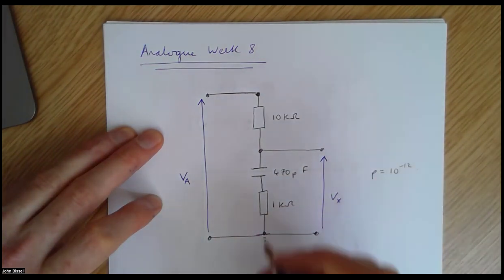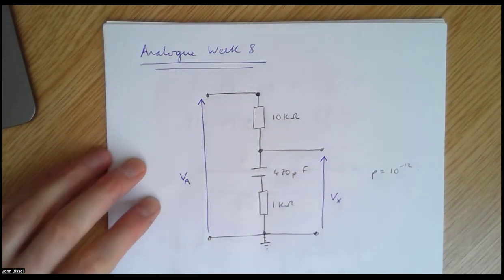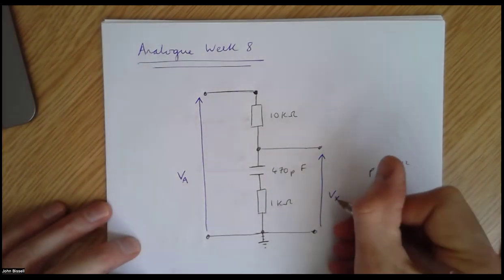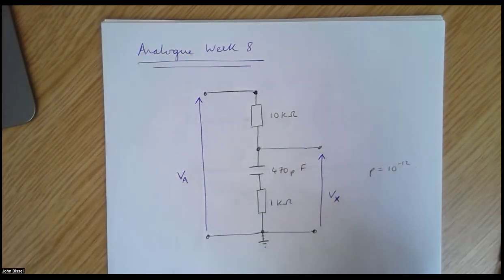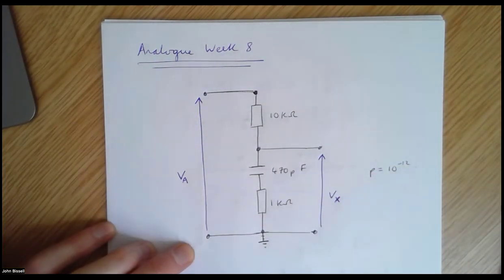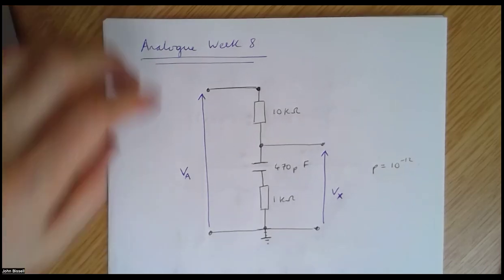They're both relative to the ground. Are you guys happy with that idea? Yeah. Okay, so given that we put in some voltage, what voltage do we get out? That's the thing we're interested in. That's essentially what the frequency response is.